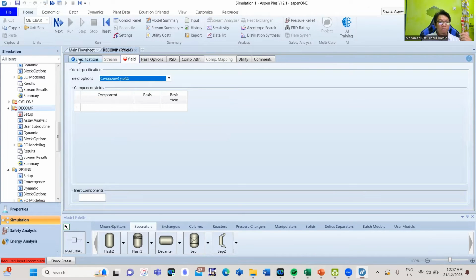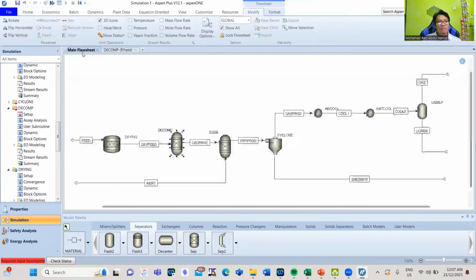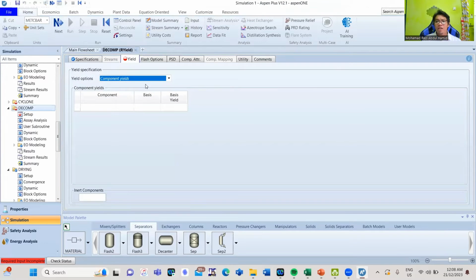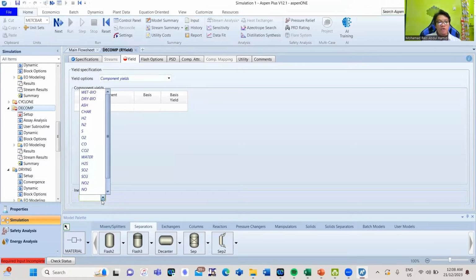Now, if you go to your flowsheet, my feed is basically wet biomass. Coming out is dry biomass plus moisture, water. In this case, I'm going to do a breakdown of biomass only, so I'm going to assume water is inert. So I choose water as an inert species.